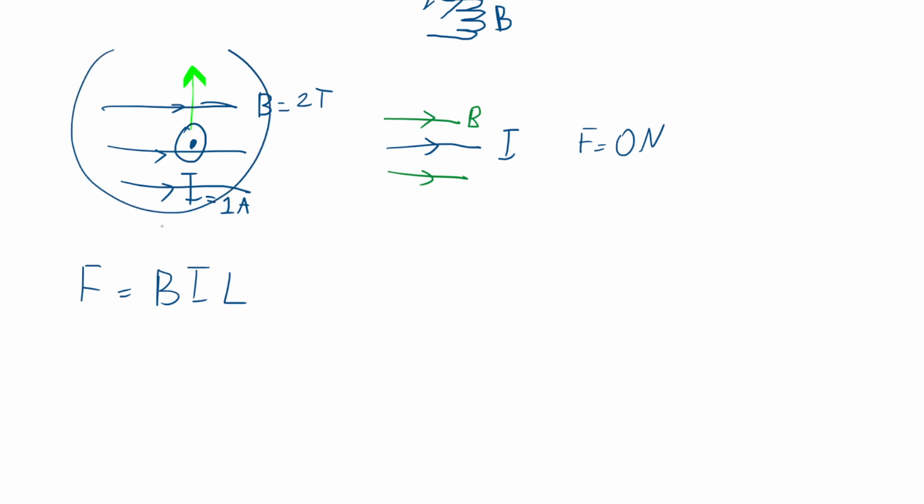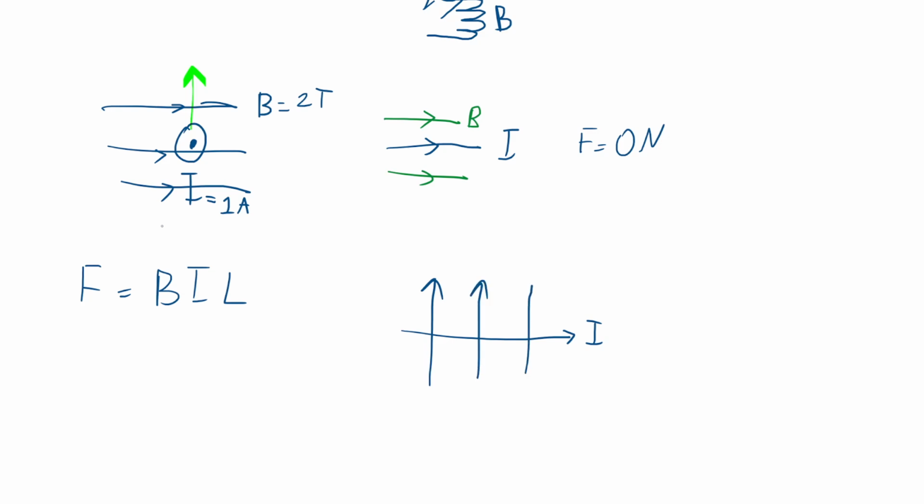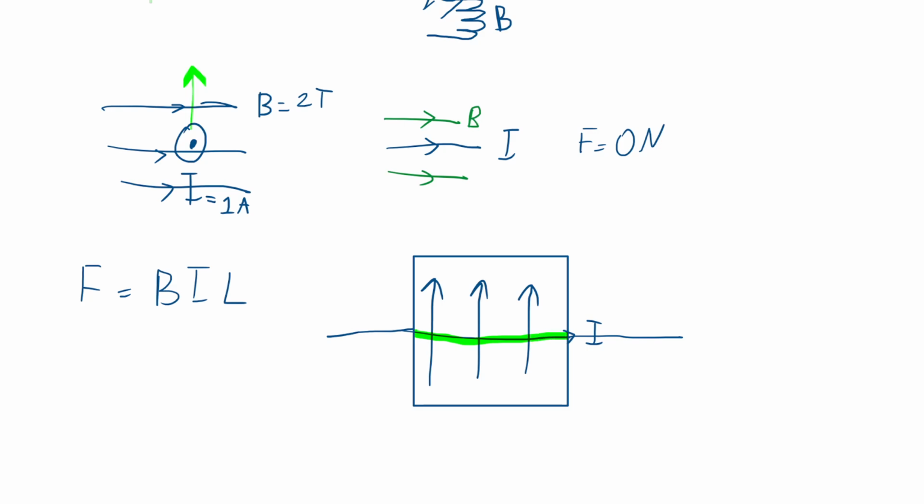For example, if we do a top-down view of this one, let's make this our current. So top-down, and this is our magnetic field. Let's say the magnetic field only extends as far as this box. Even though the wire continues on in both directions, the length is just the length inside the magnetic field. And let's say that's 1 meter.